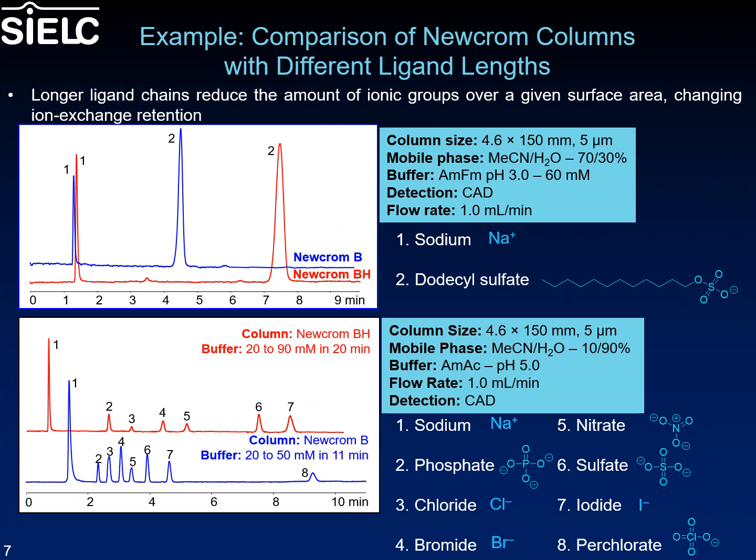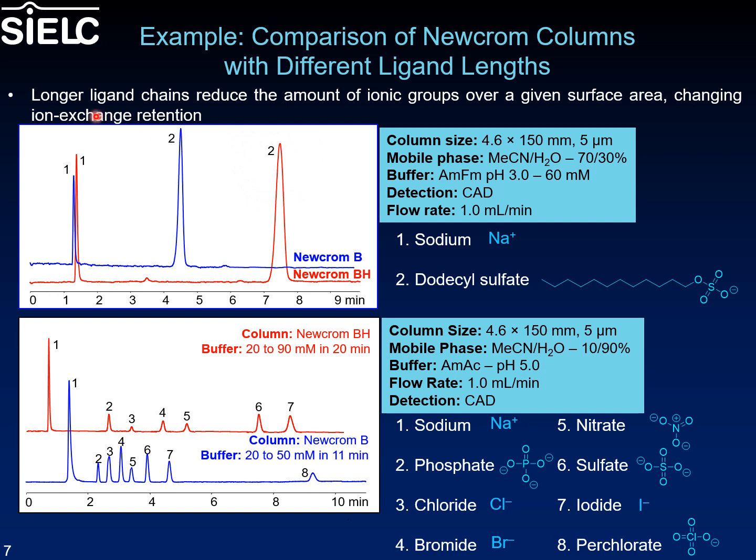On this slide, we are going to show the difference in results when comparing the Newcrom B column to the Newcrom BH column. In the very first example, we're showing the difference in retention times for dodecyl sulfate, which on the Newcrom B column elutes at a much lower retention time than if it were eluted on the Newcrom BH column.